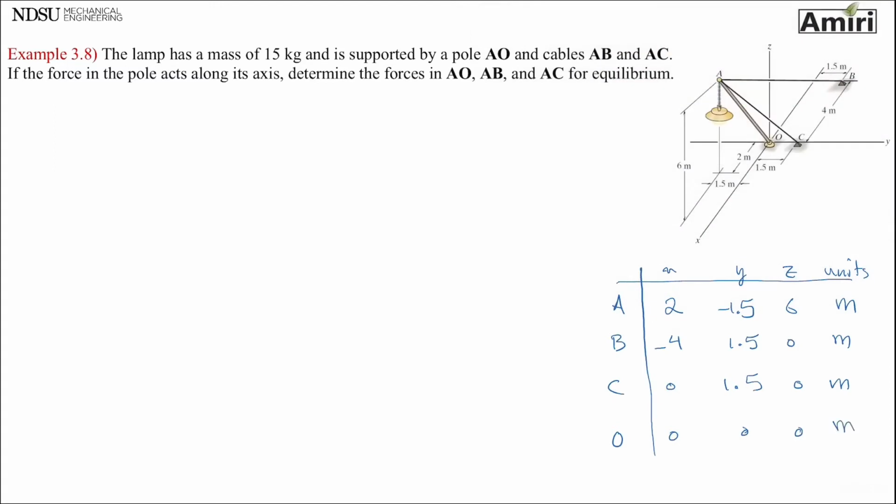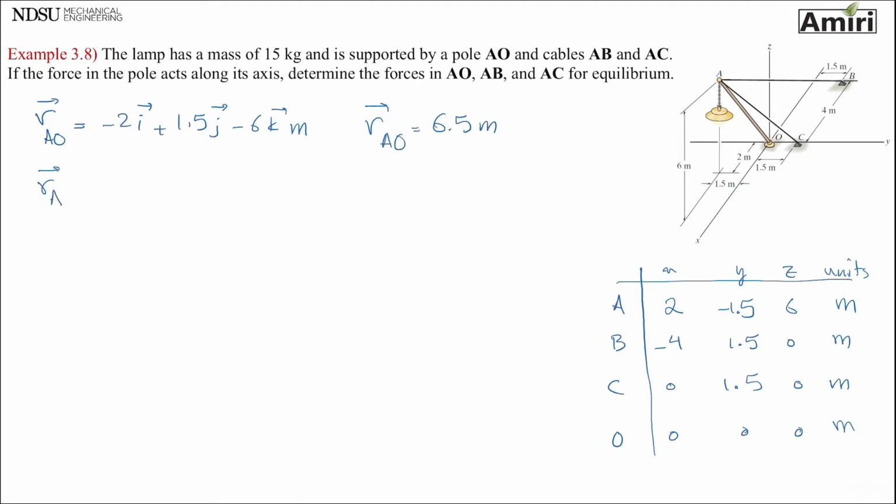Okay. Position vectors and their magnitude. So I go a little bit faster here. You got to go back to previous chapter and previous examples if you have questions or doubts about position vectors. So we have the magnitude of 6.5 meters.